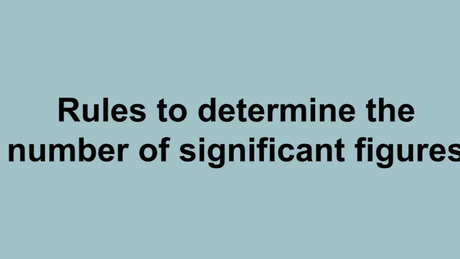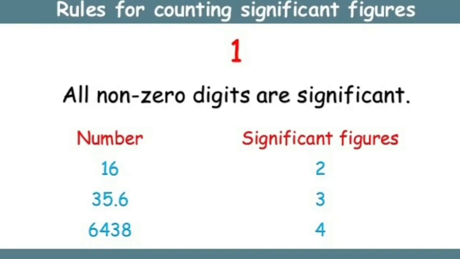Now let's discuss the rules to be followed in determining the number of significant figures in a measurement. The first rule is very simple. That is, all the non-zero digits in a measurement are significant. See, all these rules are applicable for measurements. So, a measurement is always followed by a unit.